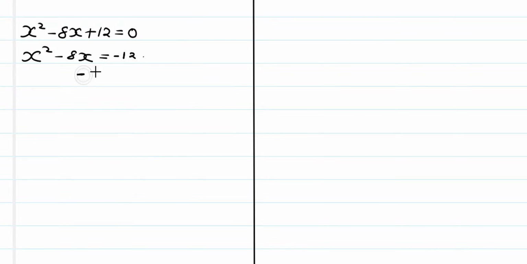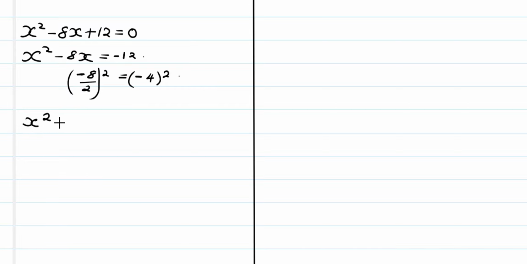So I take negative 8, then I divide by 2 and I square, which becomes negative 8 divided by 2 is negative 4, but now squared. So I add this one here and I also subtract it so that I don't make any change in the original equation.